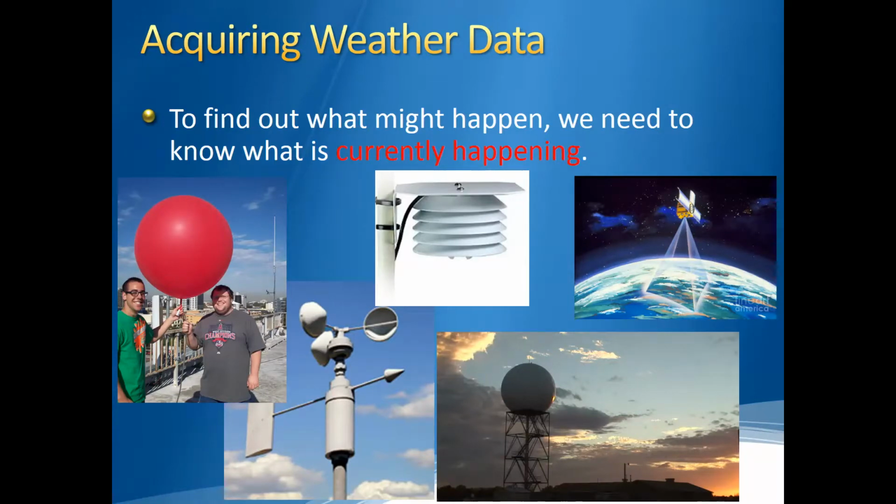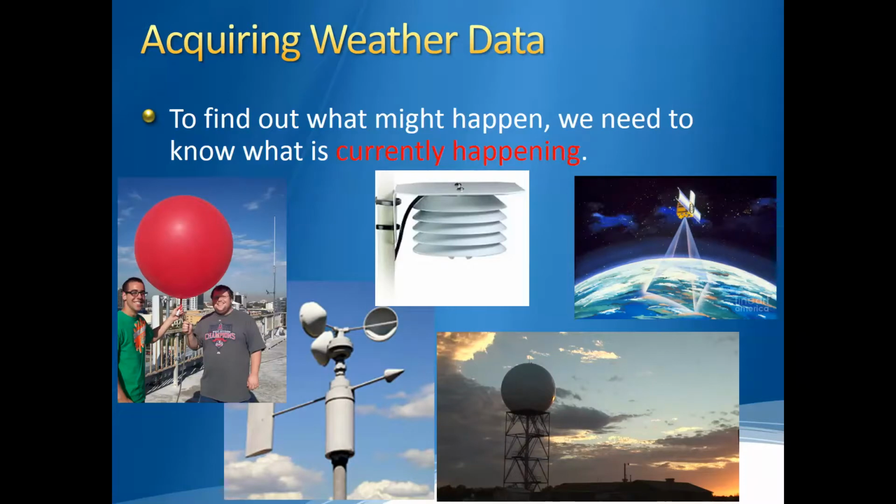Because if we can't accurately collect weather data, we can't make an accurate forecast. So if we can't collect accurate temperature data, accurate wind speed data, or accurate precipitation data, then whatever we end up with as far as a weather forecast is concerned isn't really going to make sense.